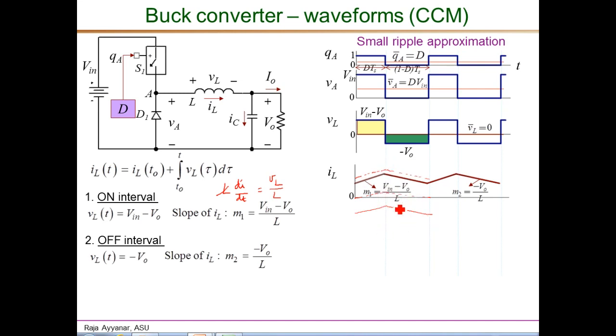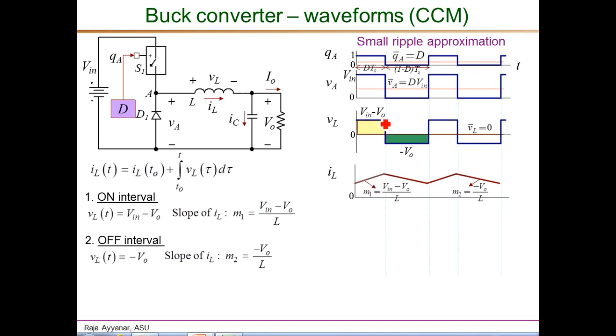So from this family of curves, what is the correct inductor current waveform? It depends on the starting value, which we will obtain using some other principles, which is we will determine the average value of this inductor current.